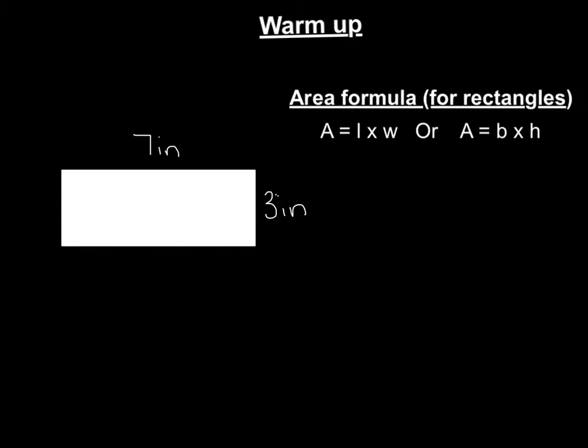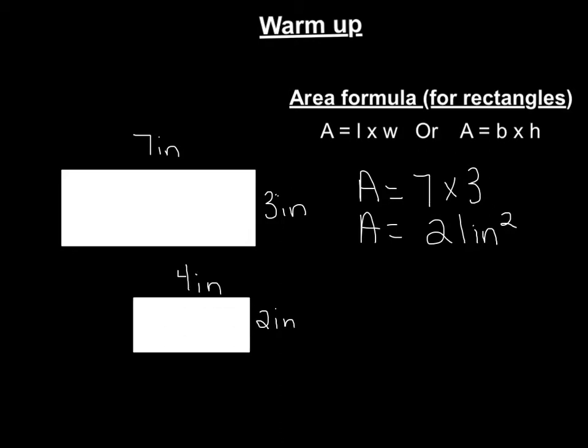If you said that the area equals 7, which is its length, times 3, which is its width, and then the area equals 21 inches squared, you are correct. Let's look at one more rectangle.